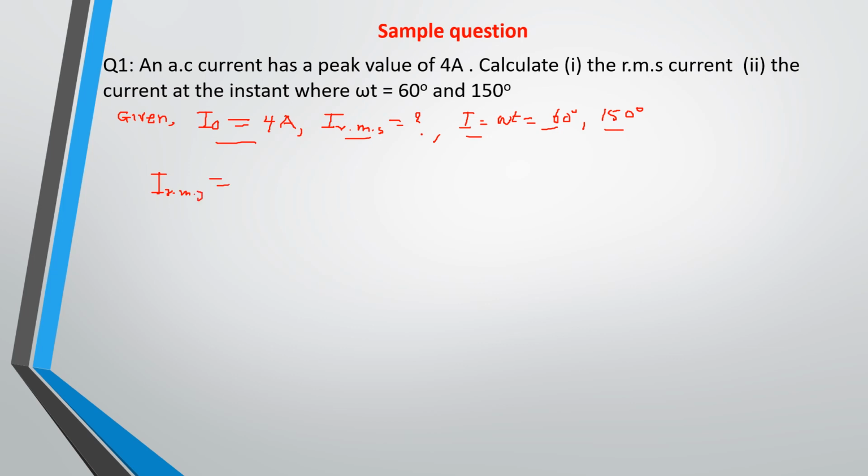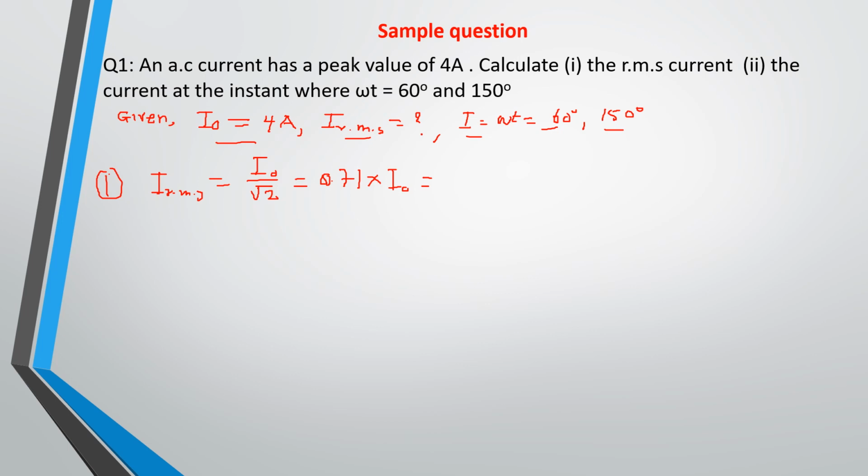So we have this equation: root mean square current is equal to I0 over square root 2, which is the same thing as 0.71 multiplied by I0. You can just substitute into this equation.